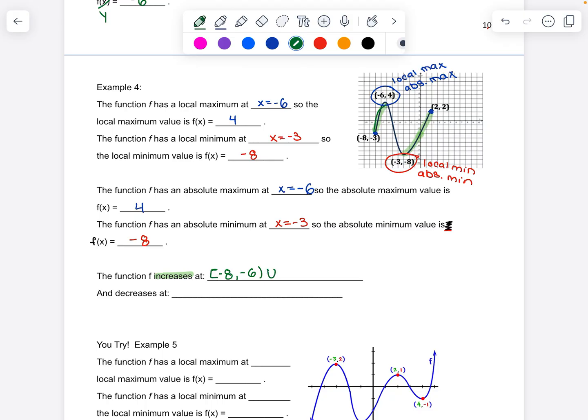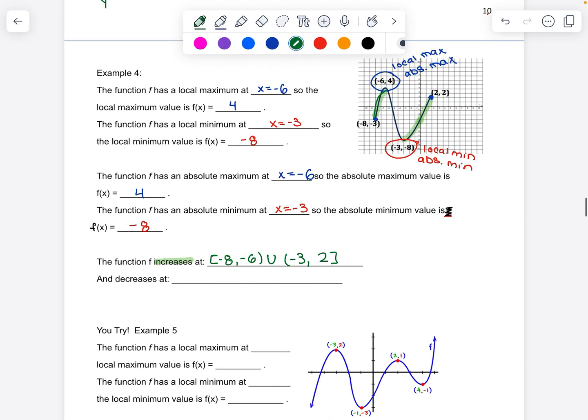You have to think, a lot of times the actual min or max points, they use a parenthesis. Math Excel will mark you right either way. But if it's an endpoint, I want to include that point, so I do use a bracket. Now this side over here from x to x is -3 to 2. So we've got -3, and then 2 is that endpoint there.